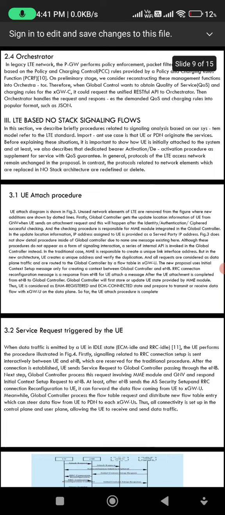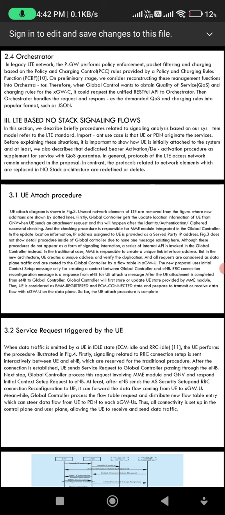LTE based on NO stack signaling flows. In this section, we briefly describe procedures related to signaling analysis based on our system model, referred to the LTE standard. The use cases are the UE or PDN originating the service. Before explaining these situations, it is important to show how the UE is initially attached to the system.